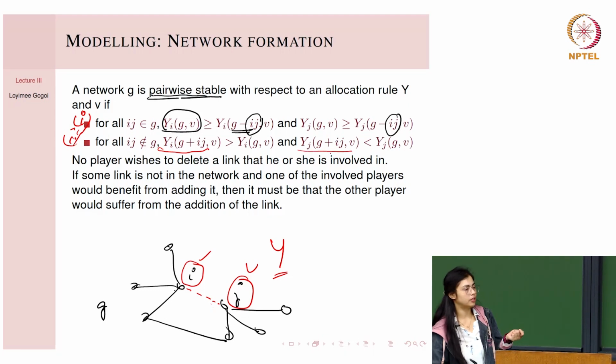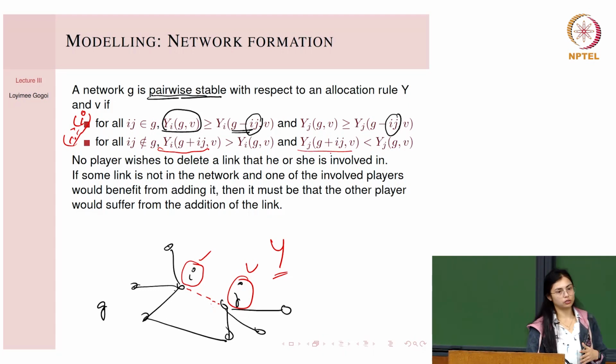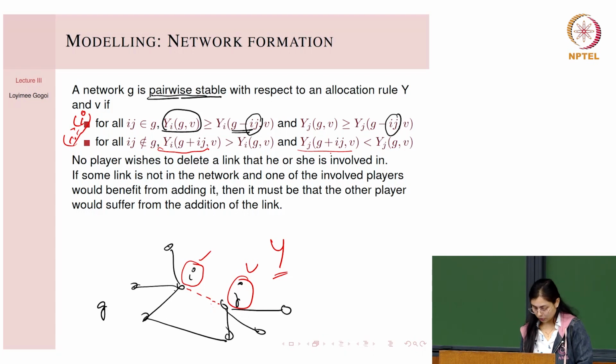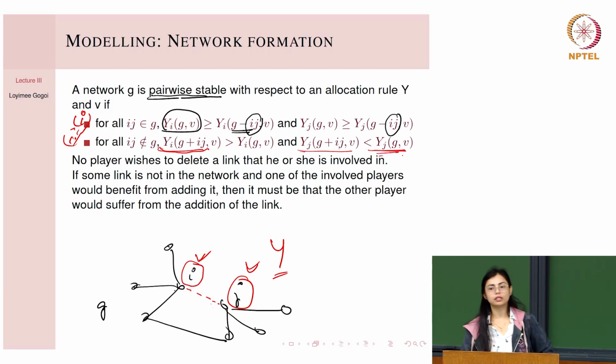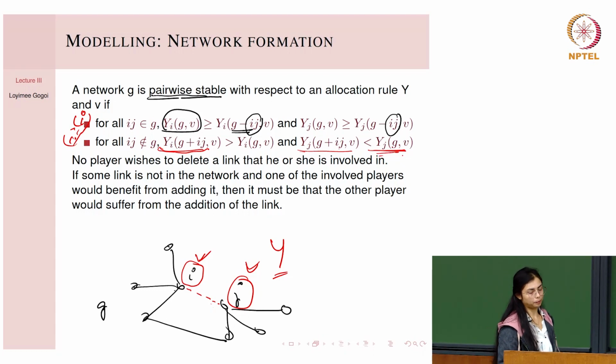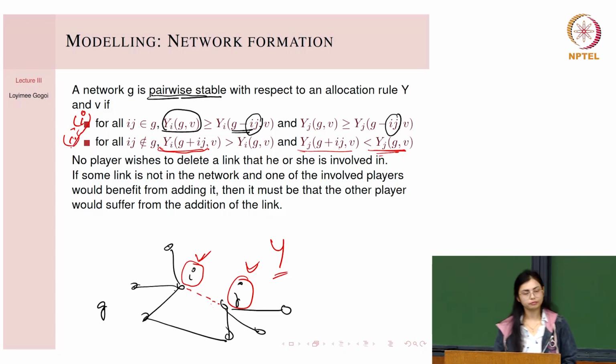So one is benefited, but the other is not benefited. So i is getting more here, but when the link was not there, j was more benefited, right? This is the second condition.